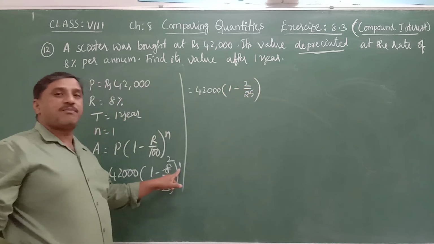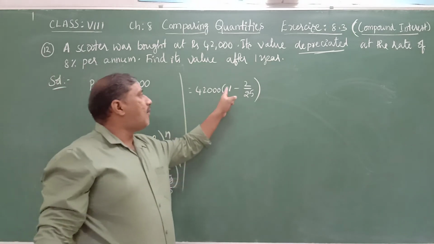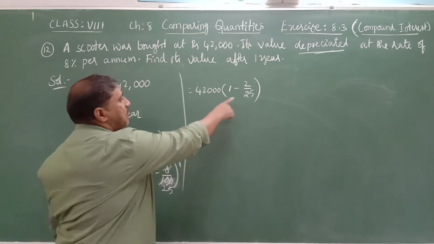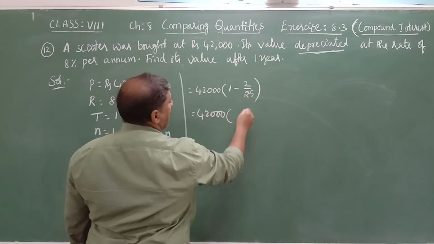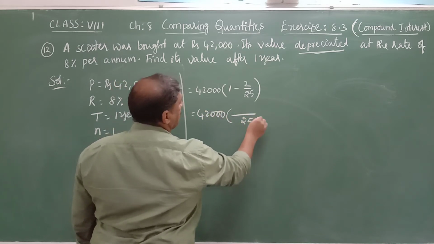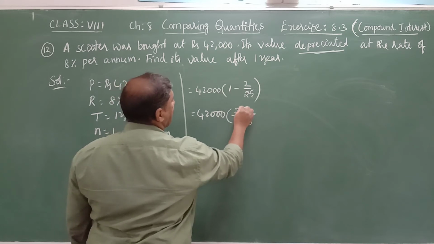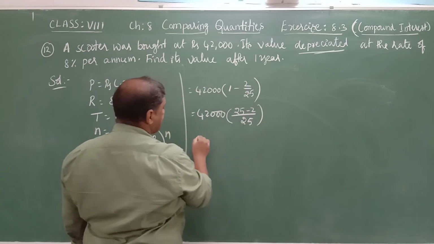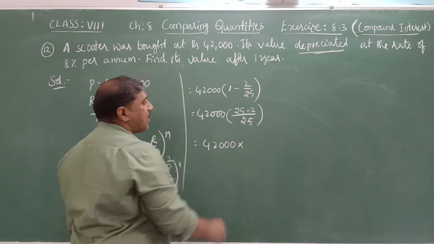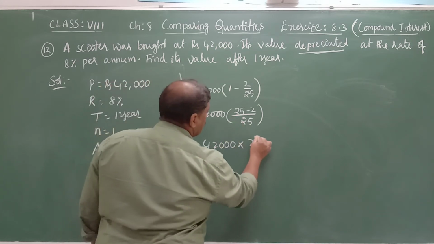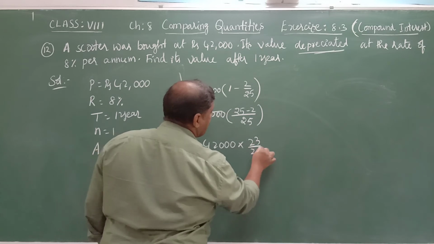The LCM is 25, so 25 minus 2 is 23. That is 42,000 into 23 by 25.